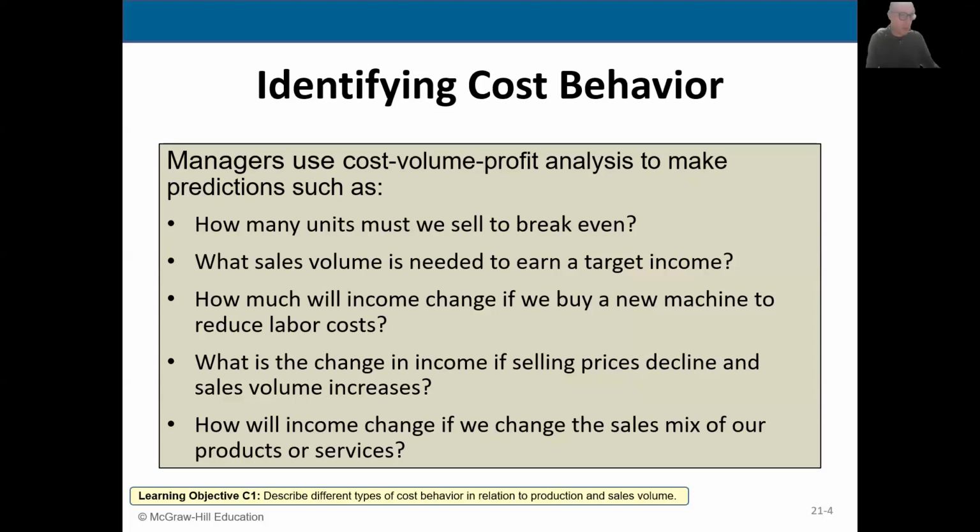We also need to understand how much our income will change if we were to purchase or sell property, plant, and equipment, which, as you know, is investing activities to grow the business. Because with the increase in cost, like a new piece of equipment, we know that our fixed costs will rise, and we need to be able to cover that fixed cost.